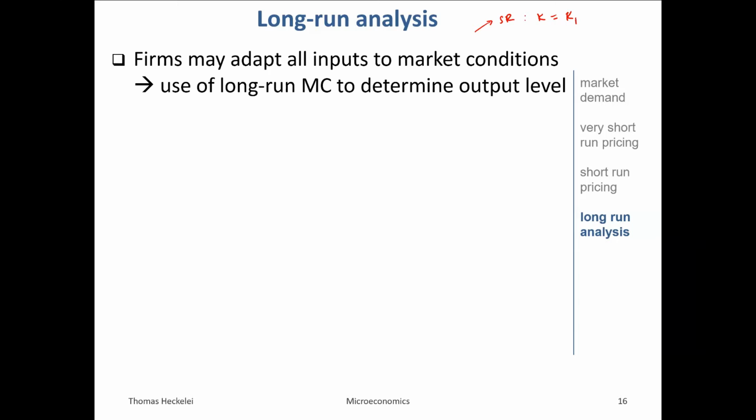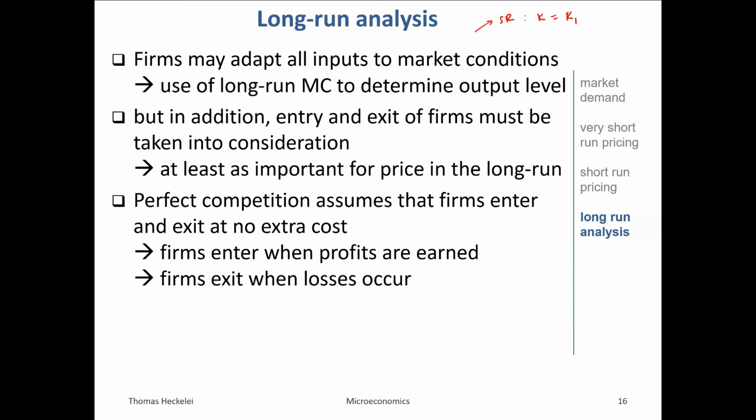That's one thing. Another thing I also mentioned when we introduced this is entry and exit of firms allowed. So this is one important key difference compared to the short run case. In the perfect competition setup, we assume that firms can freely enter and exit the market with no extra cost.